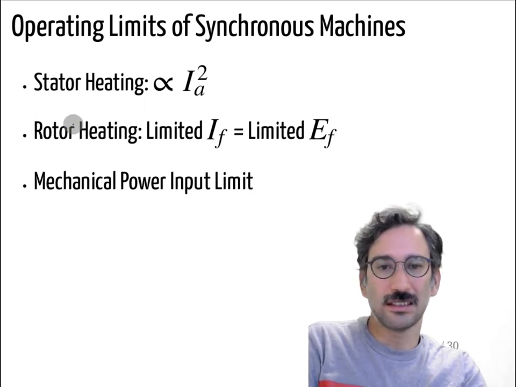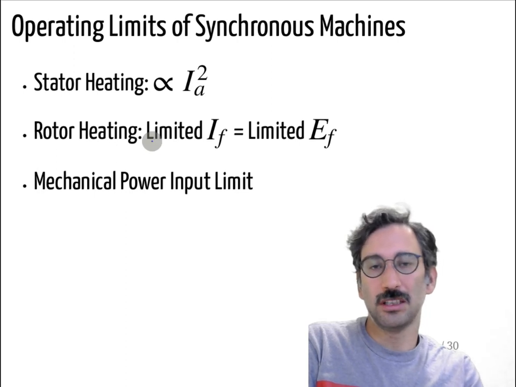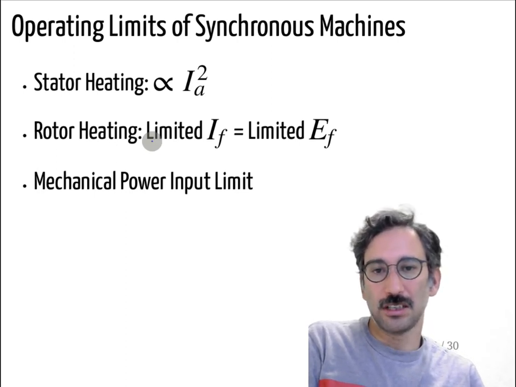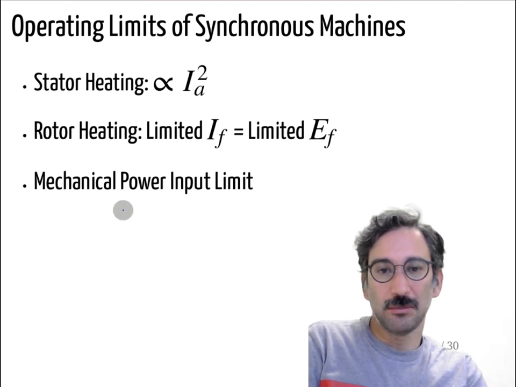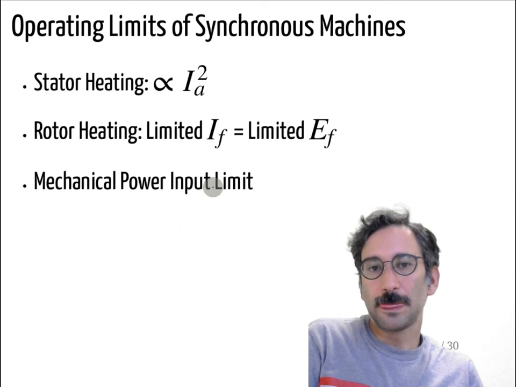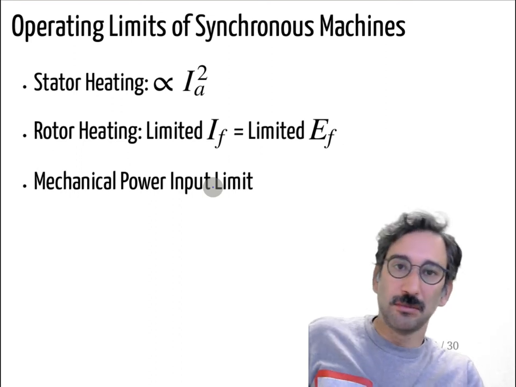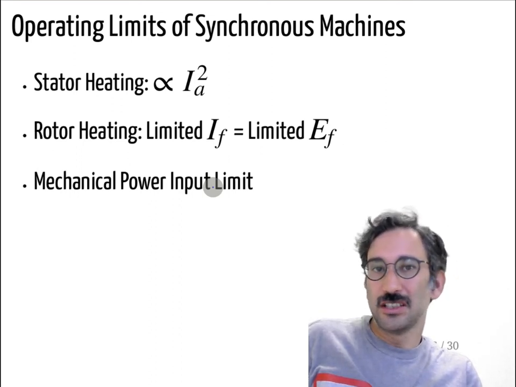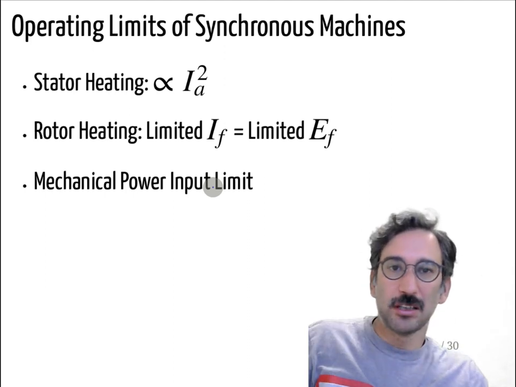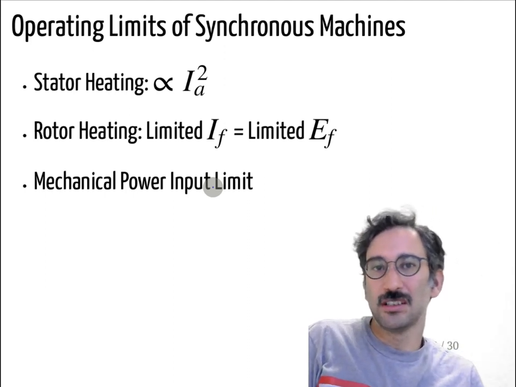It doesn't have to be thermally limited, but it can be magnetically limited due to saturation. Another thing can be limited by the mechanical power input. If it is a diesel engine, maybe the size of the diesel engine is limited, or if it is a natural gas power plant, the amount of steam that can be generated using the natural gas furnaces is limited.